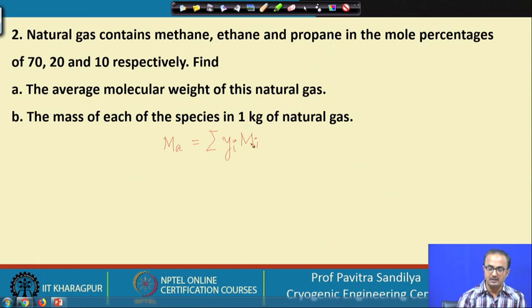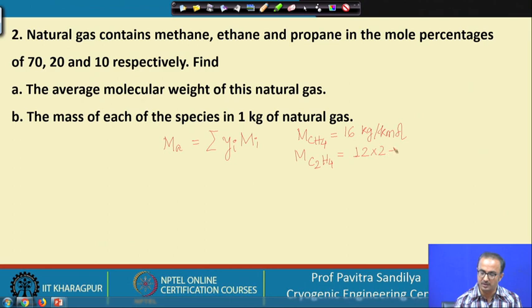Now, in this case, M of CH4 is 16 kg per kilomole, then M of C2H4, that is the ethane, is 12 into 2 plus 4, that is 24 plus 4, 28 kg per kilomole, and propane is C3H8, that is 12 into 3 plus 8, that is 44 kg per kilomole.